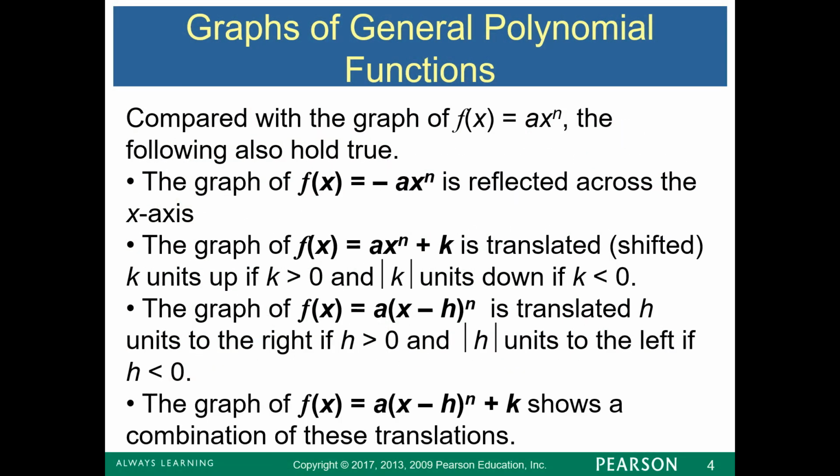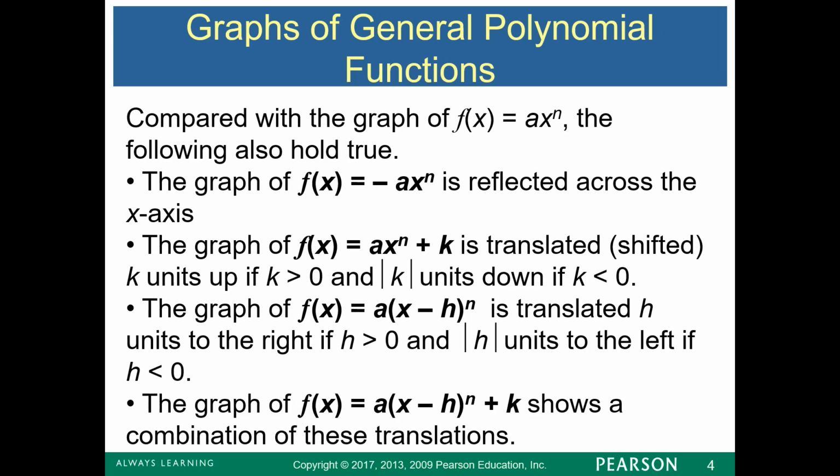And then the next one is, you guys know that when you have a graph of f(x) = ax raised to the power n, we want to generalize this. Like we have 2, 3, it can be 4, 5, you know what I mean? Instead of 3x cubed, you can have 3x to the power 5.